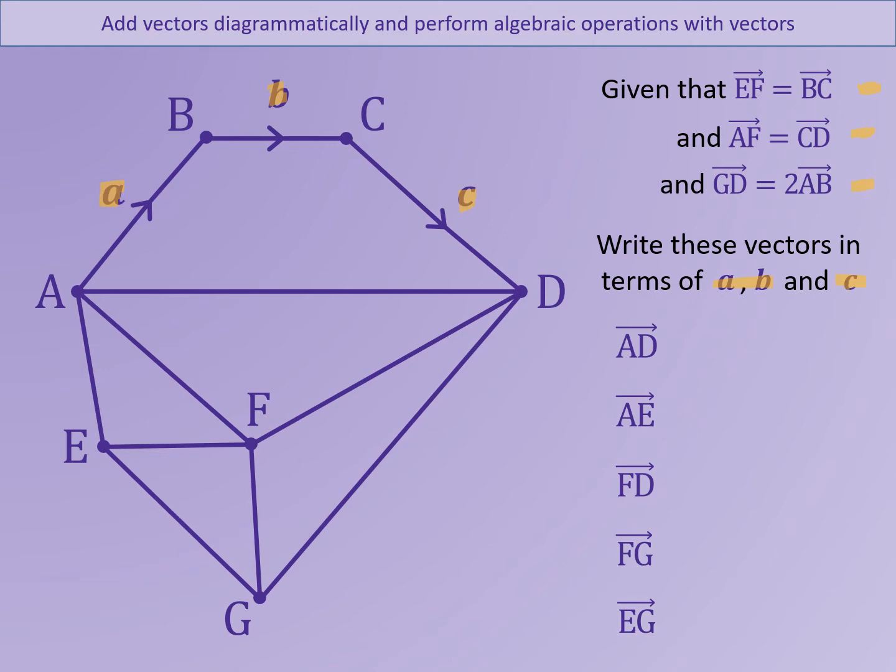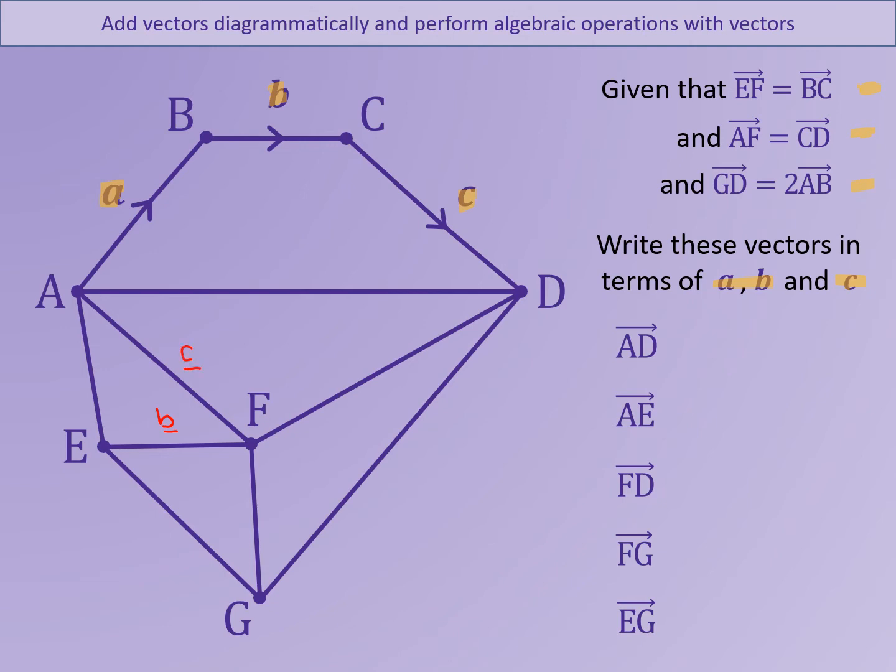So you might like to draw that onto your diagram as well at this point, so we can add a little bit of extra information on. BC and EF are the same, so I'll write B on here. AF is equal to CD, so I'll write that on here.